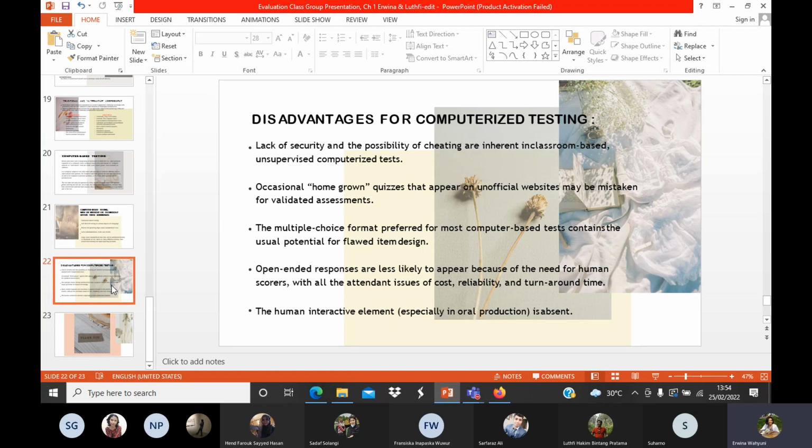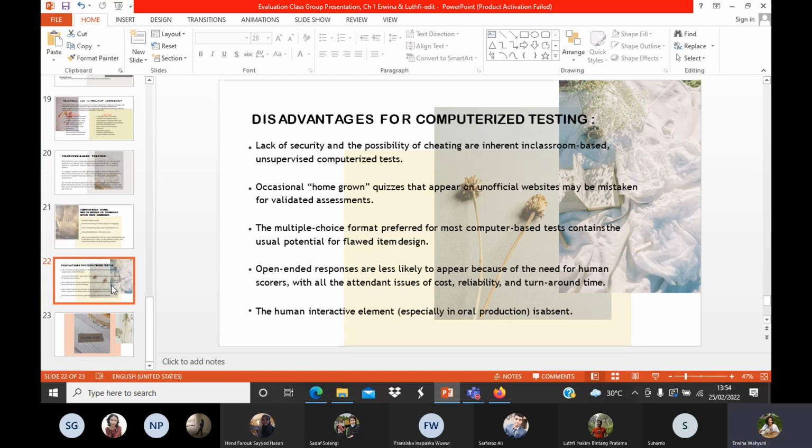Then occasionally there is wrong validation, because some unofficial websites may provide misleading information that may be taken by the test taker to support how they answer.